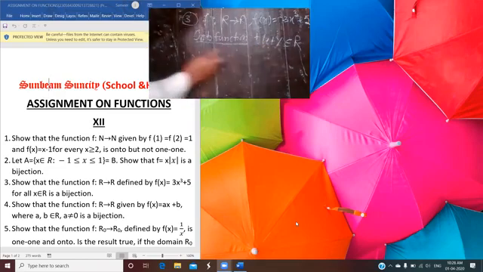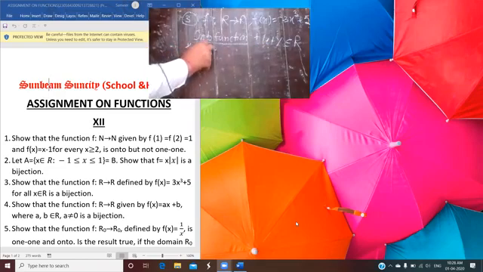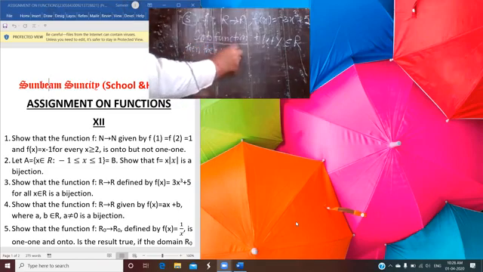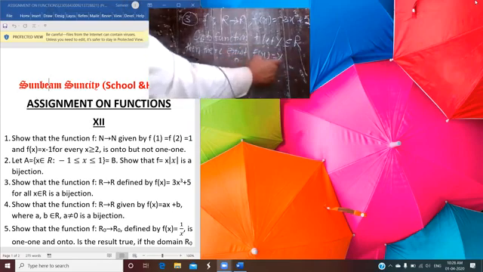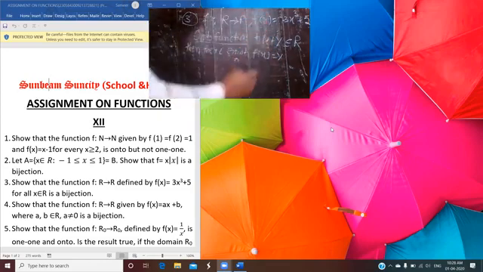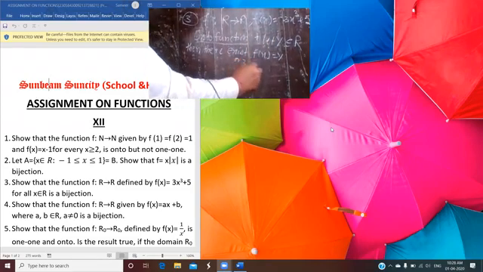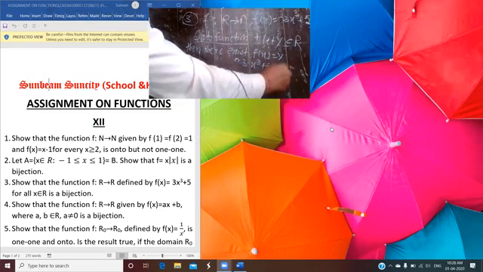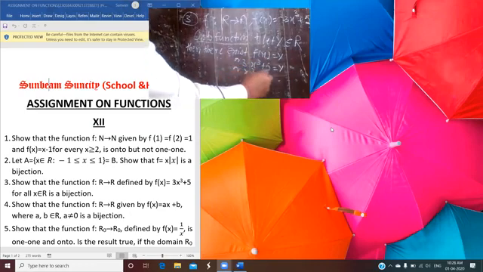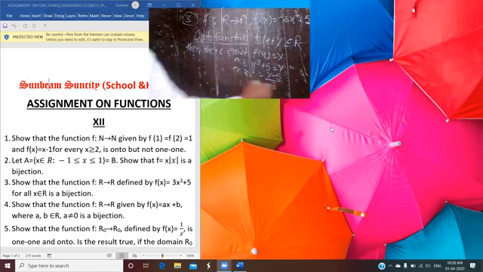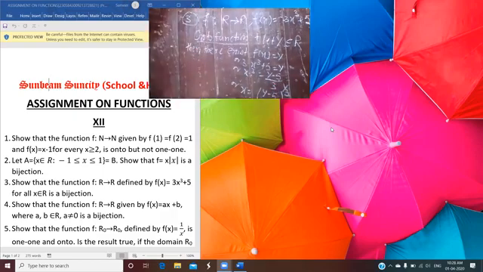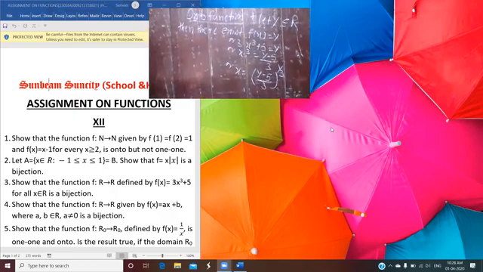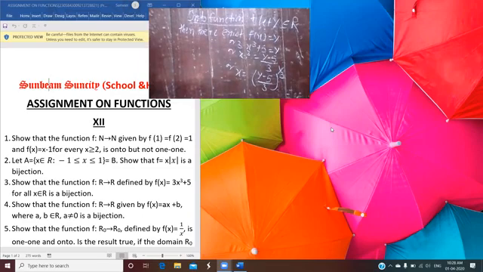Let y belong to R, then there exists x such that f(x) is equal to y. Now putting the value of f(x) and trying to find the value of x, you write 3x cube plus 5 is equal to y, or x cube is equal to (y minus 5) by 3, or x is equal to ((y minus 5) upon 3) whole power 1 by 3.